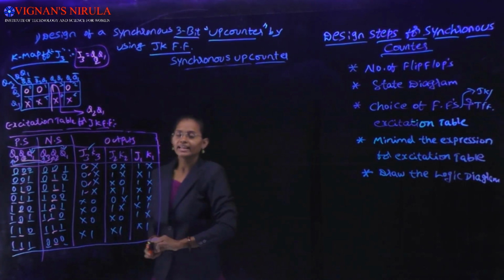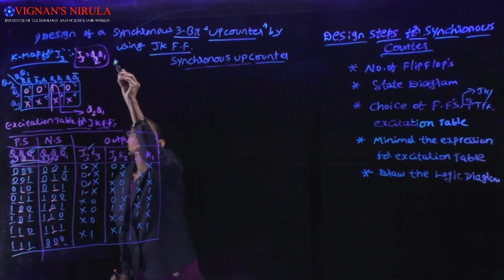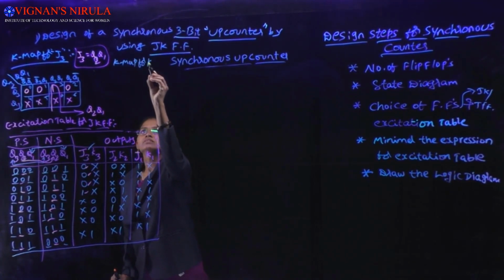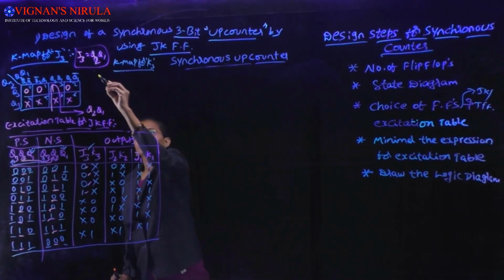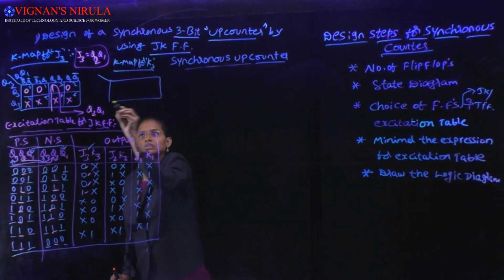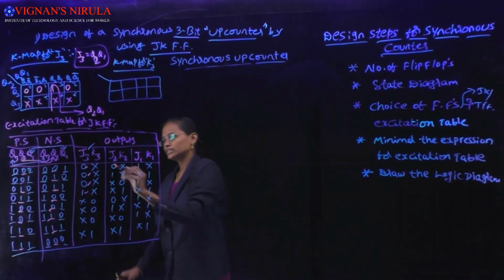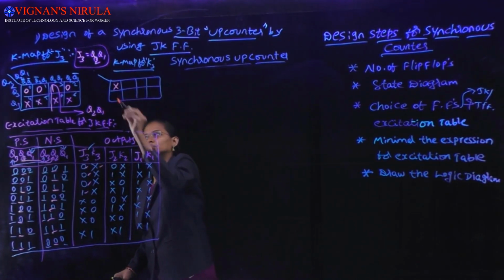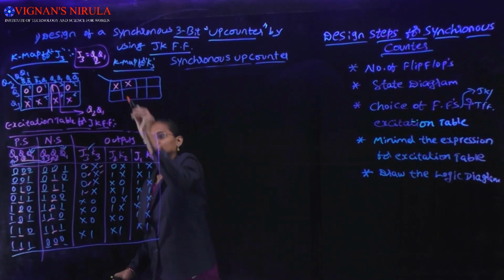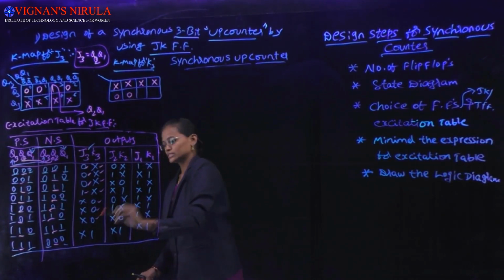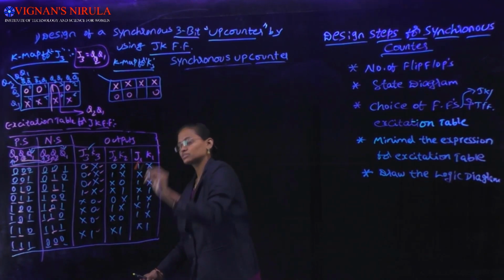Okay, and next find the K map for K3. This one also is an 8-cell K map structure, and here 0 cell is X, 1 cell is X, second cell is X, third cell is X, fourth cell is 0, fifth cell is 0, sixth cell is 0, seventh cell is 1.